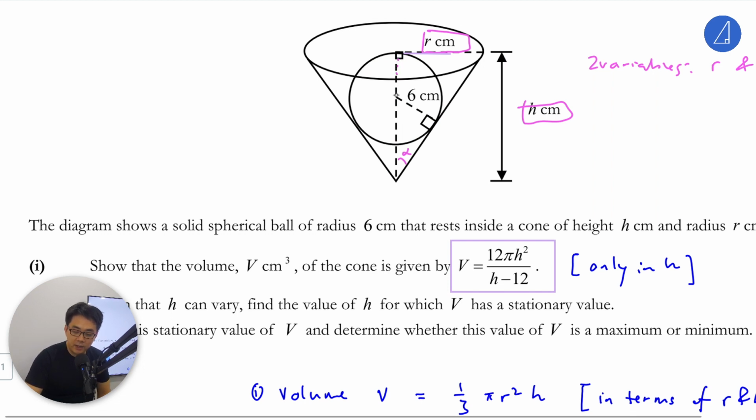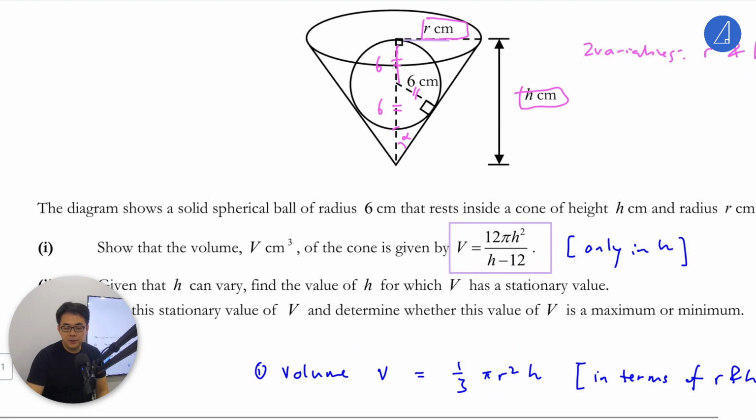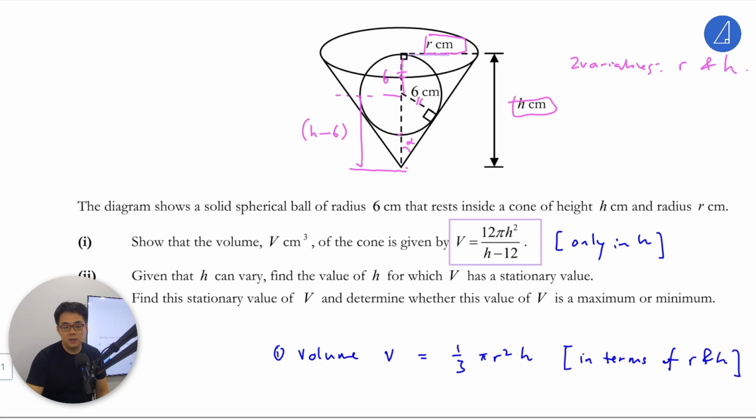Let's say this is 6. These are all 6, right? This one is 6 also, the radius. So you ask yourself, what is this length here? This length here is h minus 6.